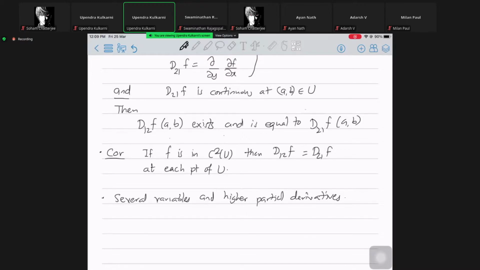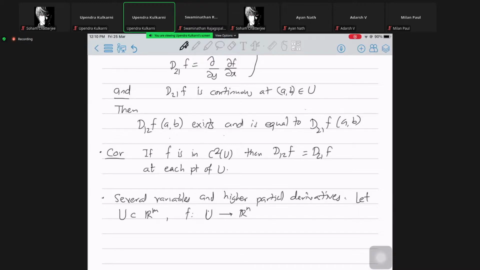So what is the situation? Let f be a function, with some open set U in not R^2, but let's say some R^m, and f is a function from U to some R^n, our usual situation.